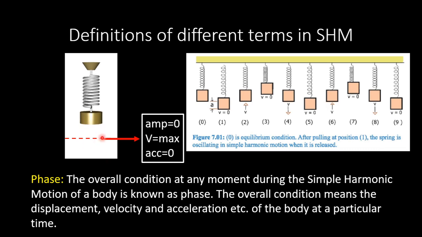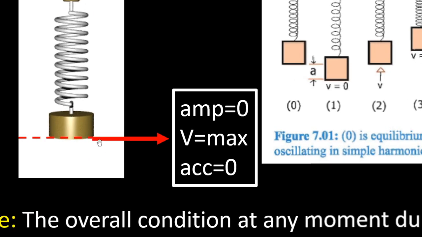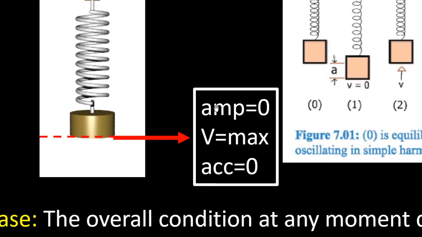For example, when the object is at the point of equilibrium, it has an amplitude of 0 meters, and when the displacement is 0, the acceleration acting on it is also 0, but it has a maximum amount of velocity.